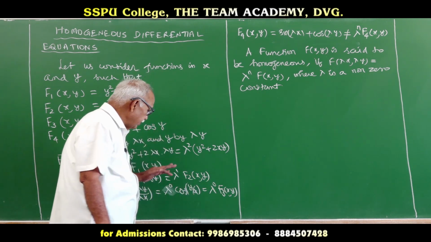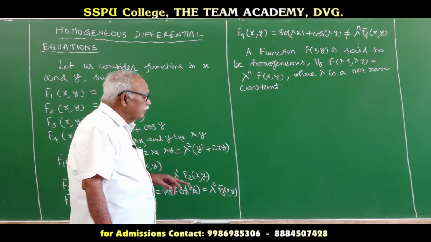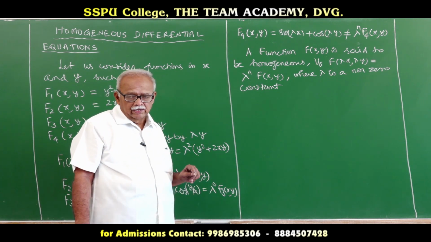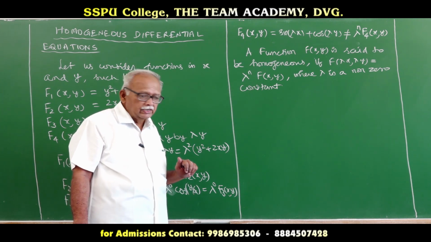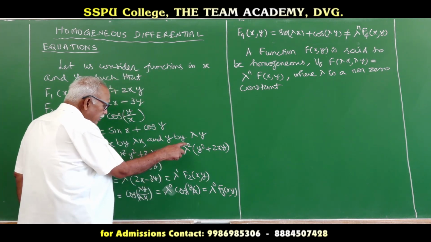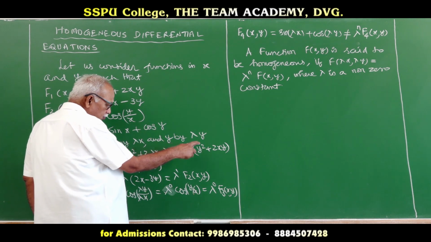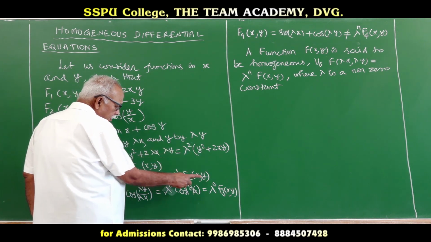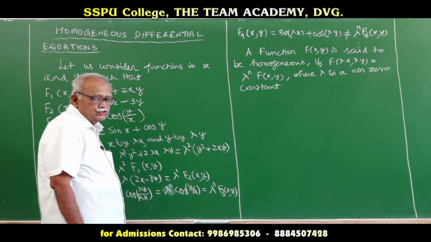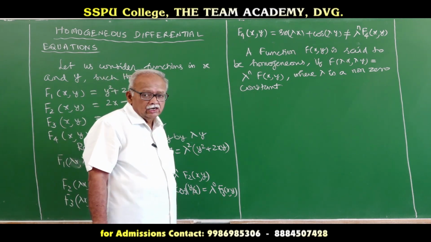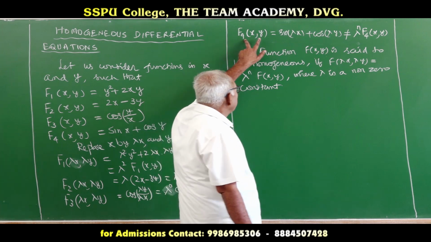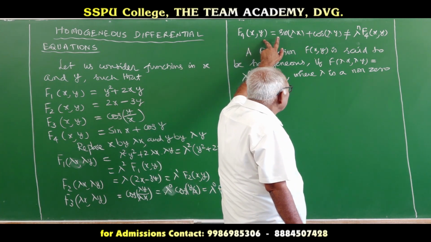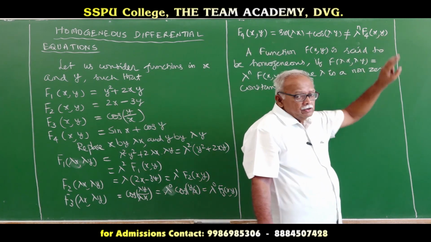So, in the first three functions f1, f2, f3, the degrees of the functions are 2, 1 and 0. The fourth function is not a homogeneous function, because we cannot write f4 of lambda x, lambda y as lambda power n f4 of xy.